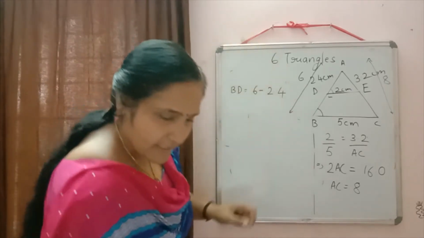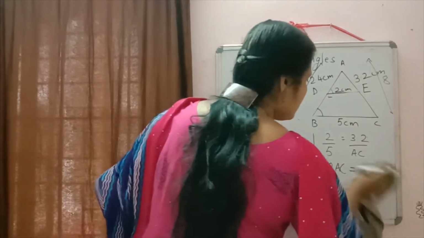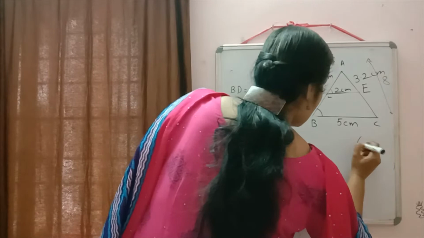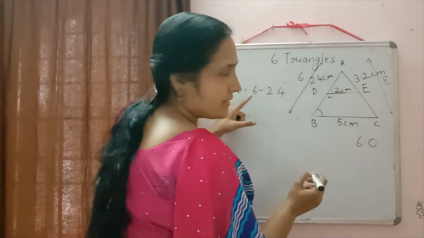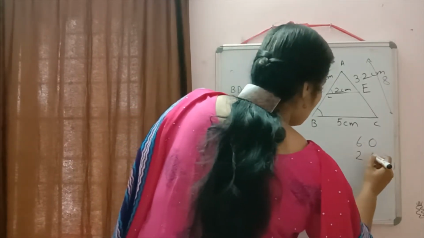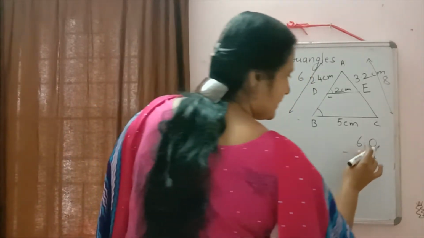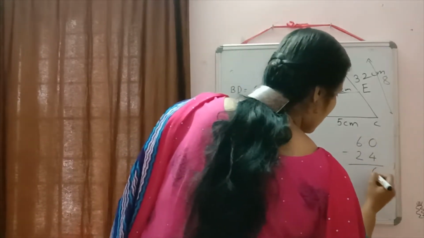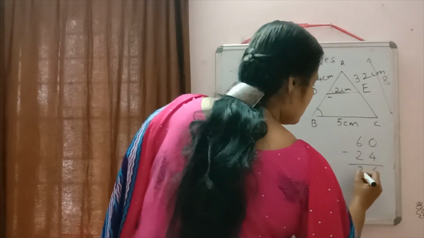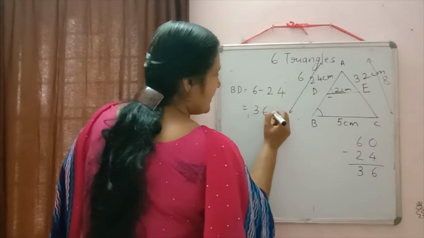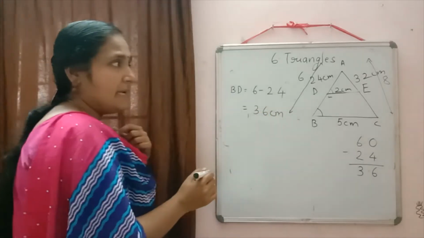So here I am just explaining you once again how to subtract the decimal there. If here decimal is not there, we can rewrite as 6.0 minus 2.4. Now do the subtraction there, then it will be equal to 10 minus 4, 6, 5 minus 2, 3. So we will get here, this is equal to 3.6 centimeter BD.